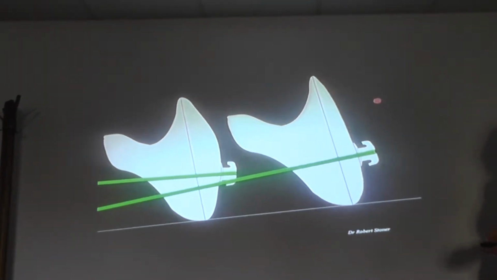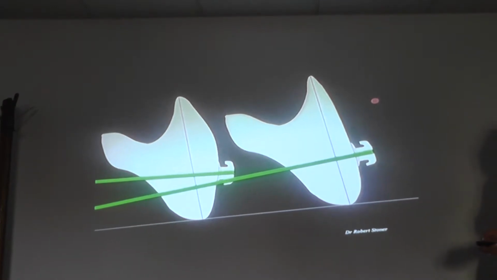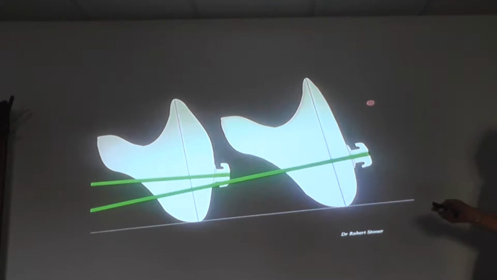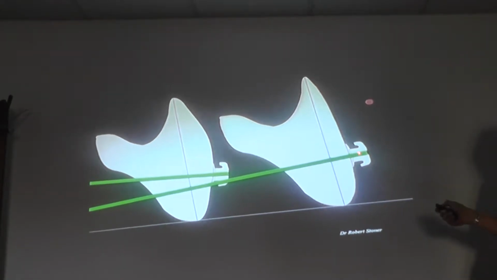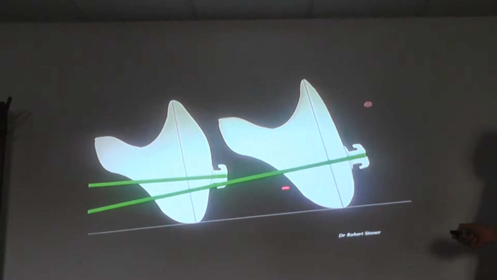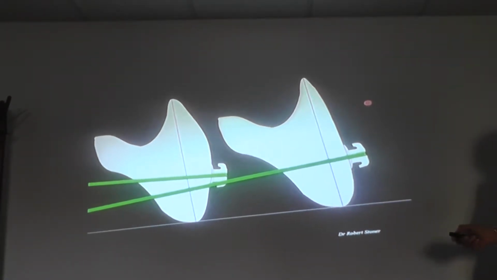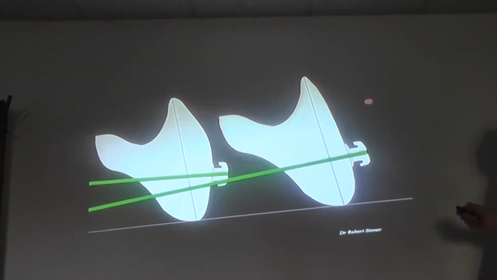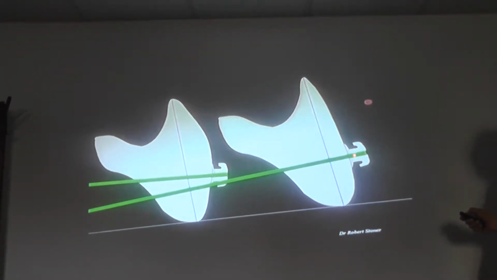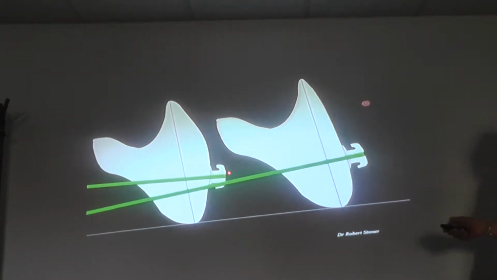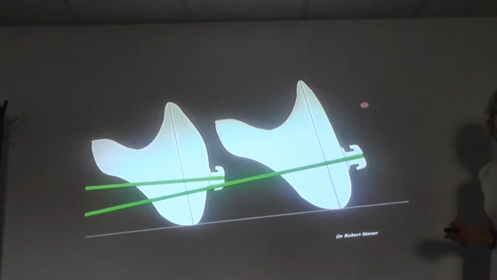If you see these two teeth, you have the same brackets, it's cuspid, and the same brackets, and can you imagine what will happen with these two teeth? They are the same tooth, but the morphology is different. What will happen with this tooth when you go with straight wire, and what will happen with this tooth when you go with straight wire?